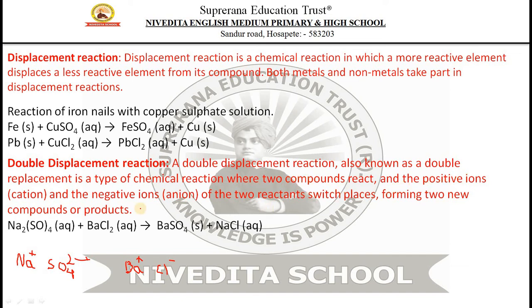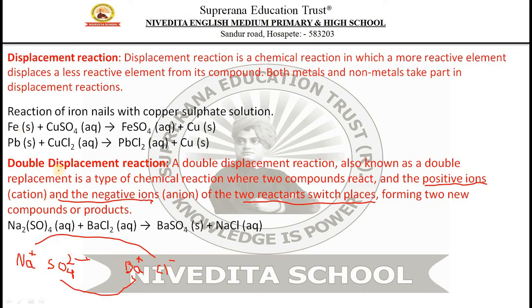The two compounds react and the positive ions and negative ions of the two reactants switch places. So what is happening here? Sodium sulfate solution reacts with barium chloride to form barium sulfate. As you can see, this is going with this and this is going with this, so they are just switching places.